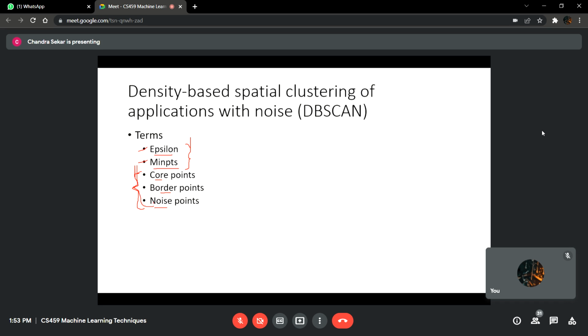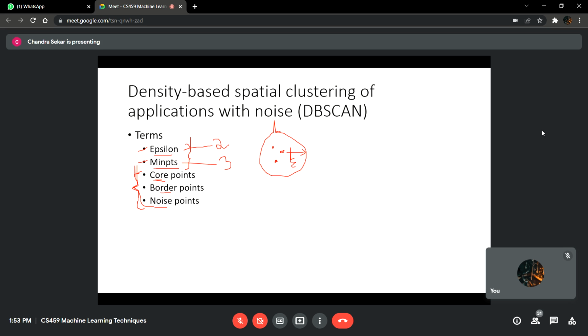So, the core point. If you take some data point and you call it a core point, you draw a circle of radius epsilon, and you have min points number of points within that radius. Say for example, min points is equal to 3, and the radius epsilon is equal to 2.